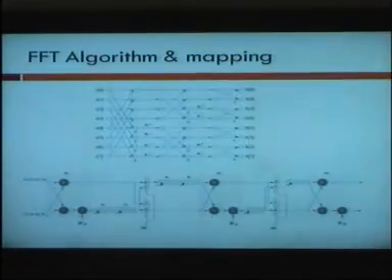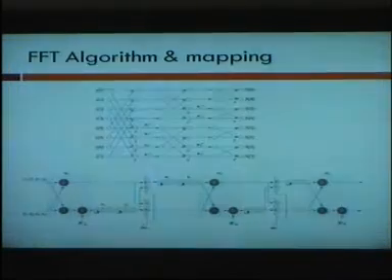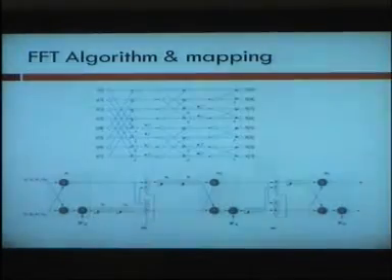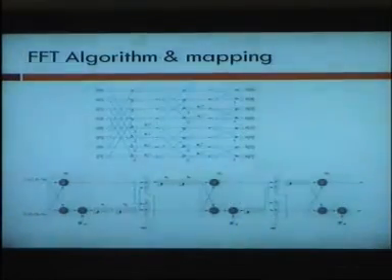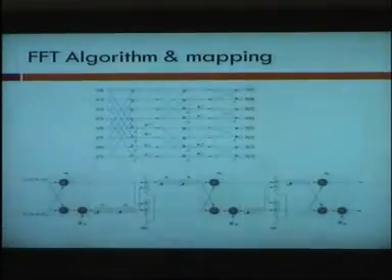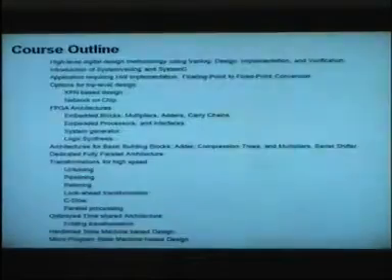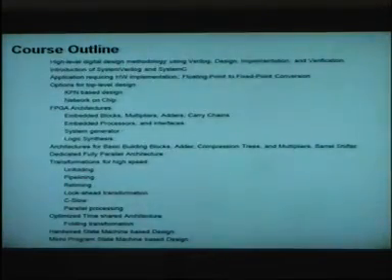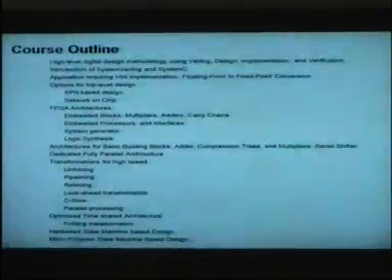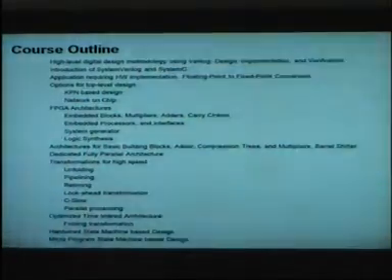Sometimes you can come up with an architecture where data will flow smoothly, but in most of the cases you need to maintain your data. You need to bring the data to the right part of your architecture at the right time. So, the folding, we'll spend more time learning about it, and then that will take us to designing state machines in hardware, and then microcoded state machines.